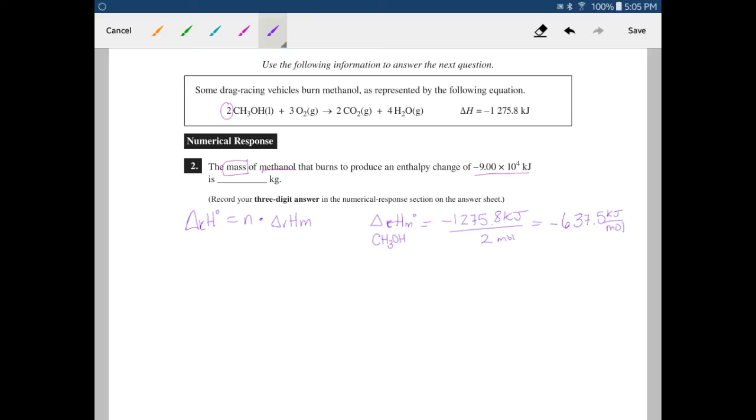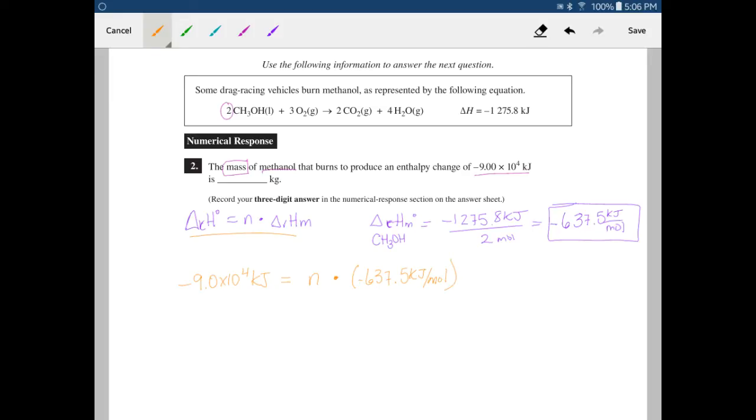Okay, so now that I have my molar enthalpy of combustion for this reaction, I can work backwards to solve for my enthalpy of reaction using this much energy. So I'm going to go back to using this formula here, and I'm going to say that negative 9.0 times 10 to the 4 kilojoules is equal to moles, whatever our value for moles is, times my molar enthalpy being negative 637.5 kilojoules per mole.